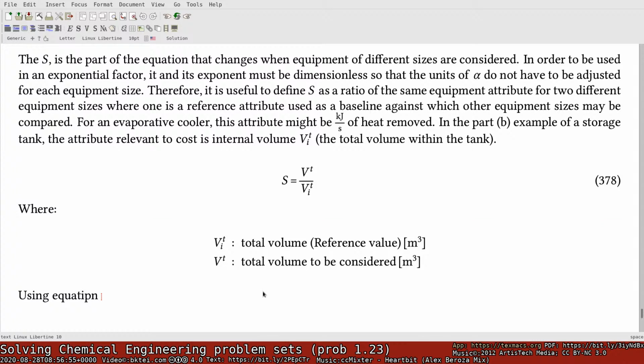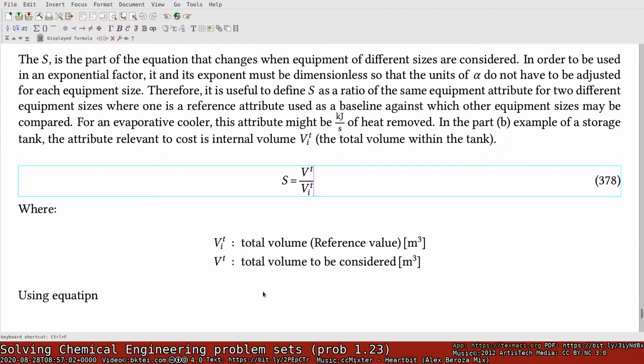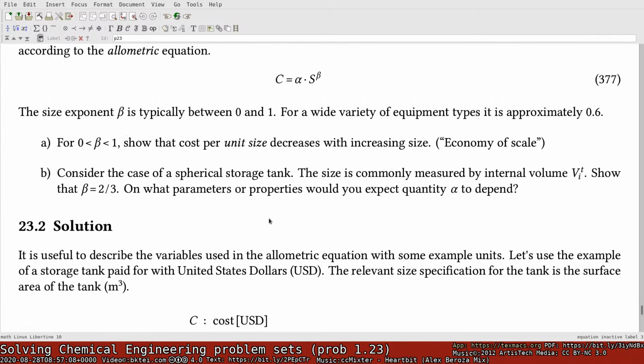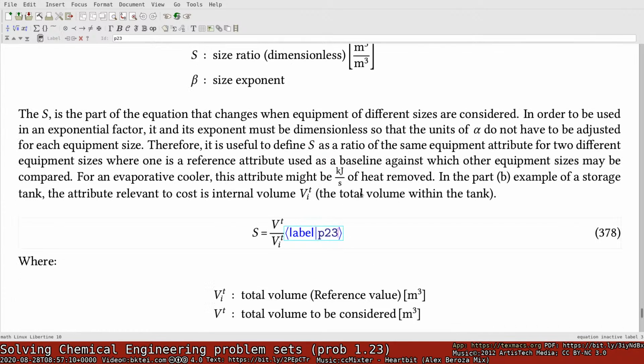Let's give this a label here. Meta shift exclamation mark. And let's call this problem, we're in 23, right?